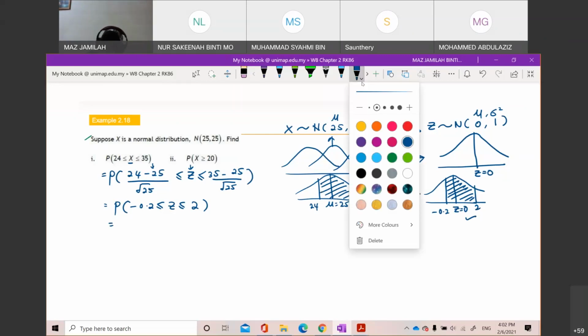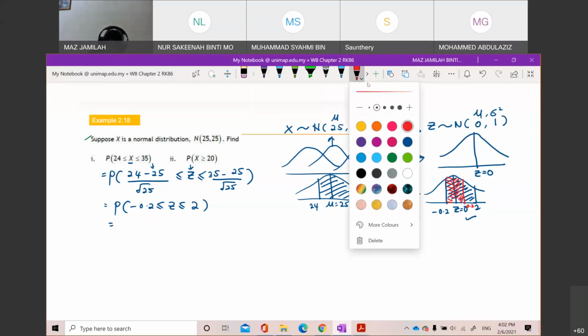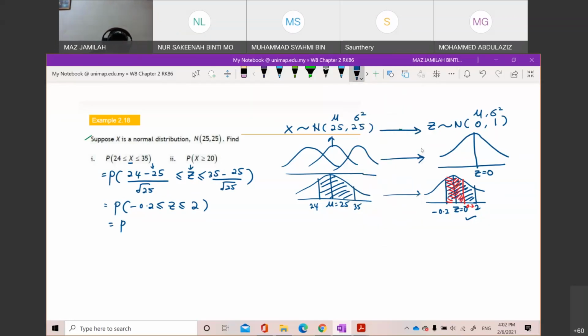For this particular region, in red, you put the value z equals 0.2 and you are referring to this particular area. That's why your answer becomes the probability of z between 0 and 0.2, the positive side, plus the probability of z from 0 until 2.